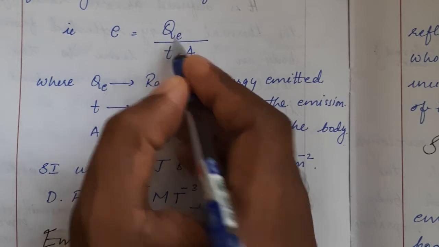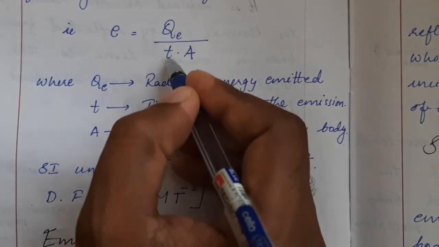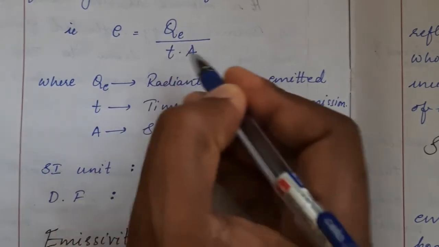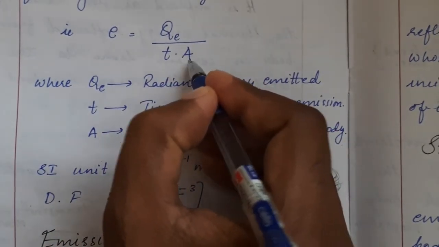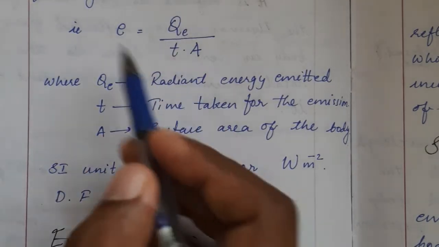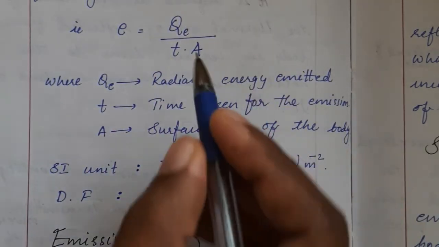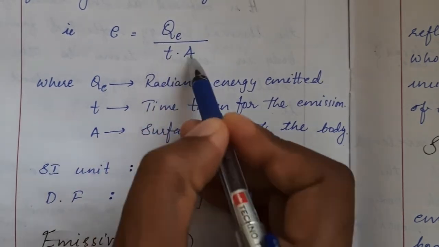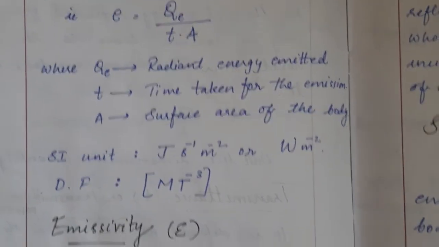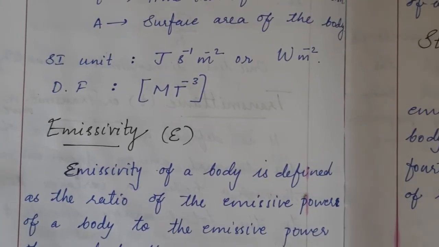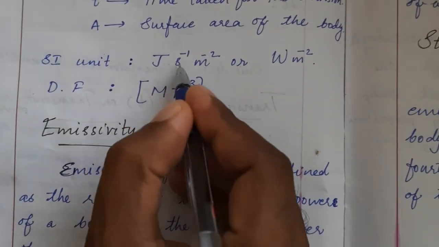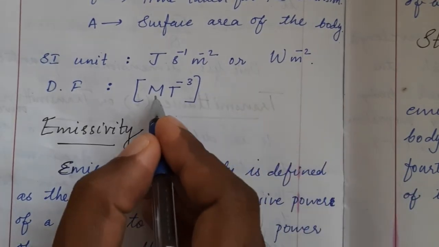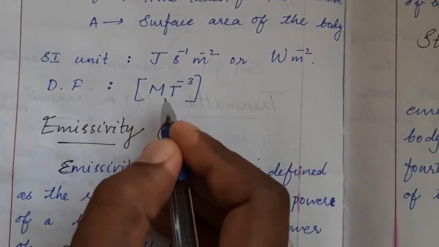The amount of heat energy emitted in unit time, when you divide this by the time, you are getting the energy emitted in unit time through unit area of the body. So this is called emissive power. Emissive power is the ratio of the amount of heat energy emitted per unit time per unit area through a body. Its unit is joule per second per meter square, or it can be watt per meter square, and its dimensional formula will be M T to the power minus 3.